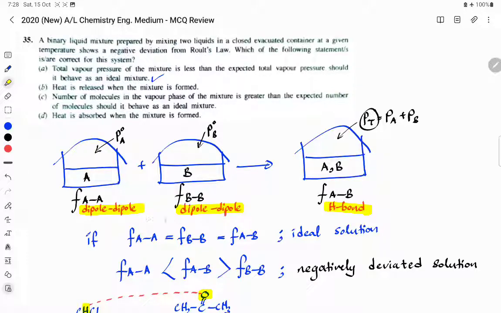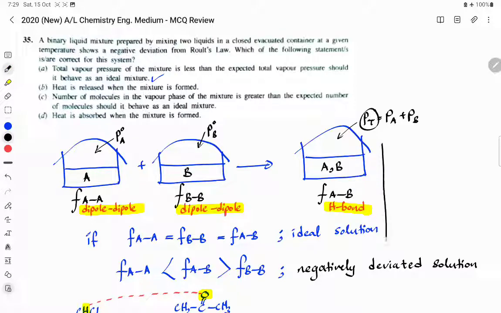When the weak interactions are dissociated, a smaller amount of heat is absorbed, and when strong interactions are formed, a large amount of heat is released. Please remember, when bonds are being broken, heat energy is absorbed. The opposite is also true. When a bond is formed, heat energy is released.